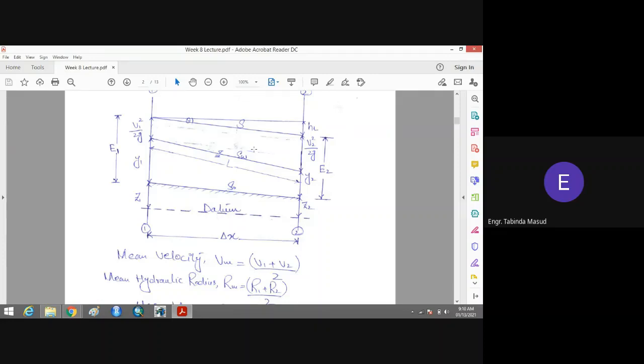But for uniform flow, all the slopes are equal: slope of the channel bed equals slope of the water surface equals slope of the energy line. Therefore, for uniform flow in an open channel, we replace the slope of the energy line by the slope of the channel bed in the Manning formula.